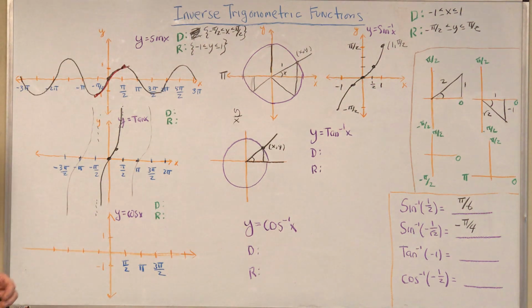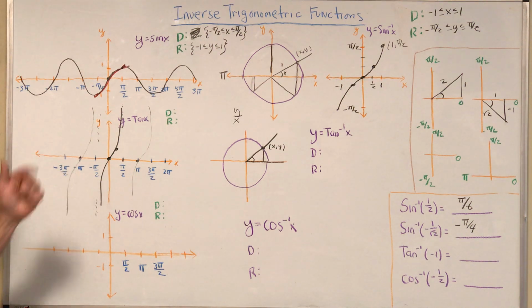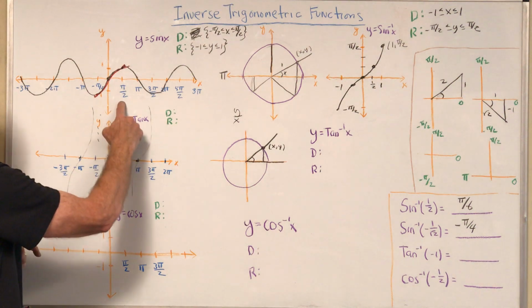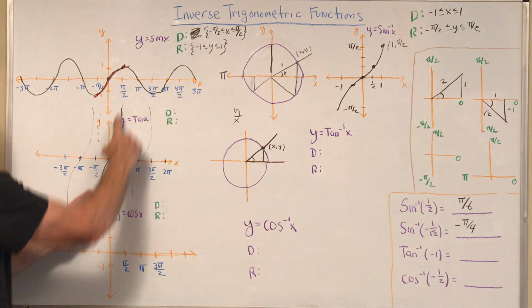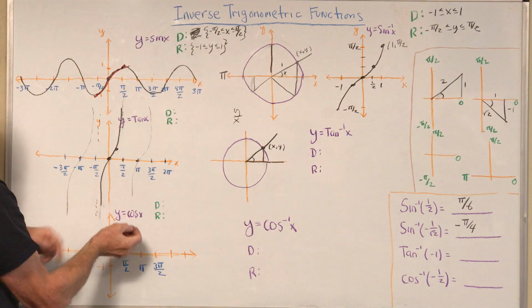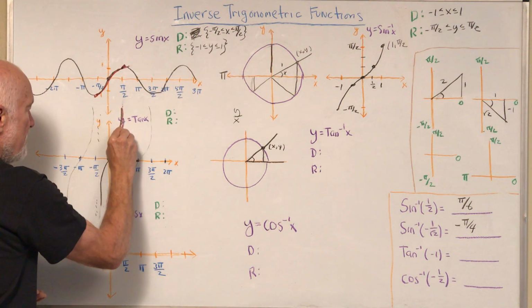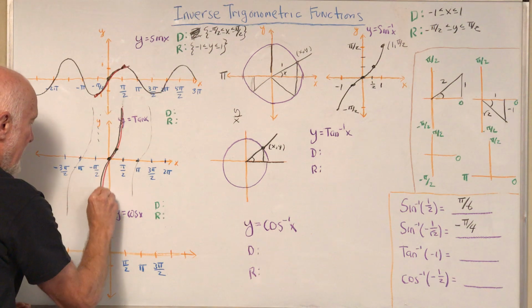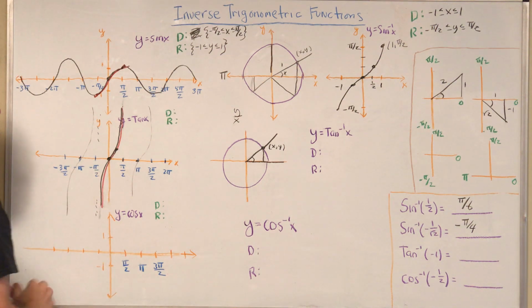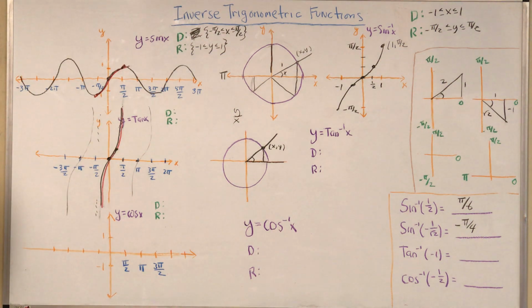But if we're looking for an inverse tangent, we only want to use a 1-to-1 part of the tangent function. If we just use this, it gets all of the ratios we could ever want, but it doesn't repeat them. So we would only use this part, and again, it's from negative pi over 2 to pi over 2.